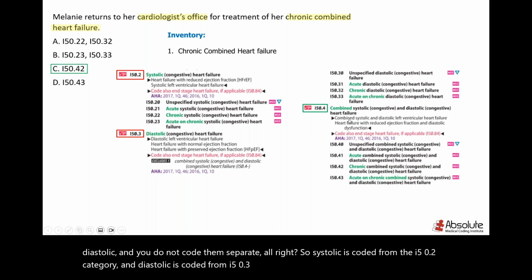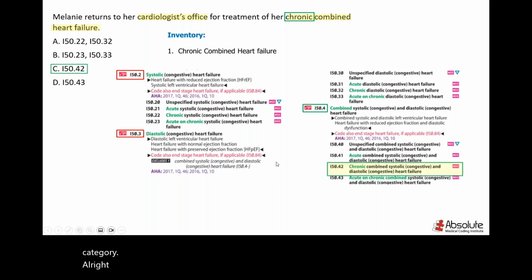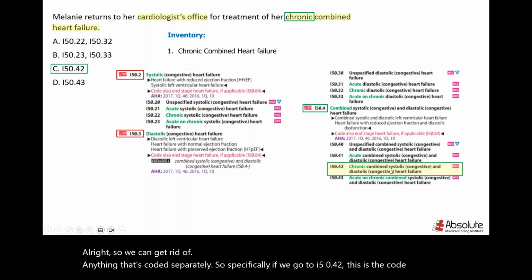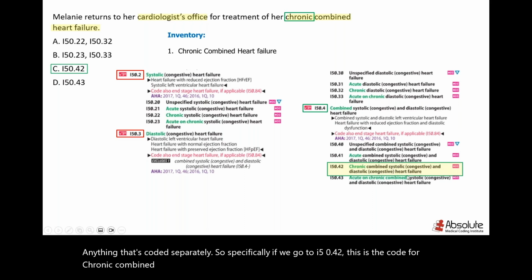And combined, they're coded from the I50.4 category. So we can get rid of anything that's coded separately. Specifically, I50.42 is the code for chronic combined systolic and diastolic congestive heart failure. That's our combo code.